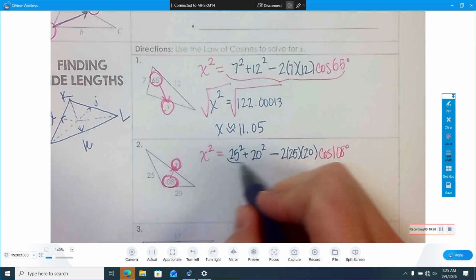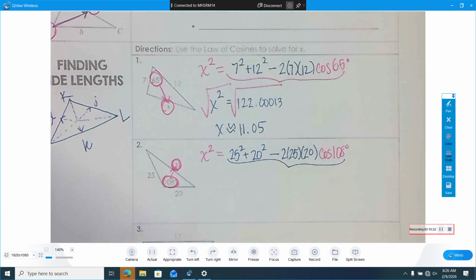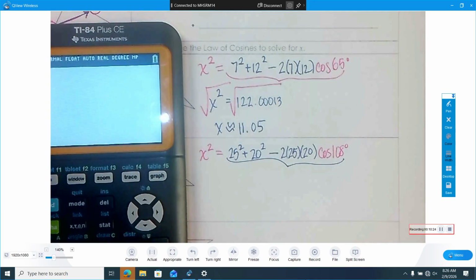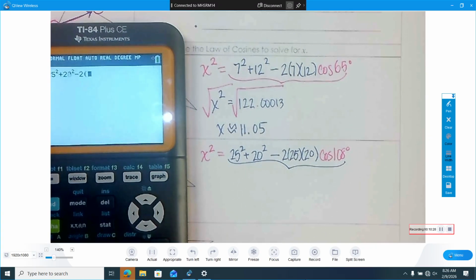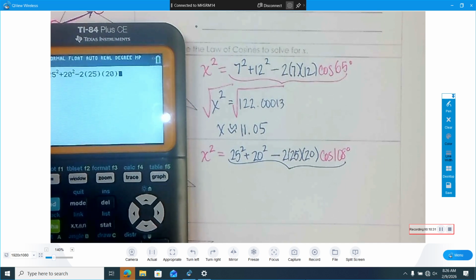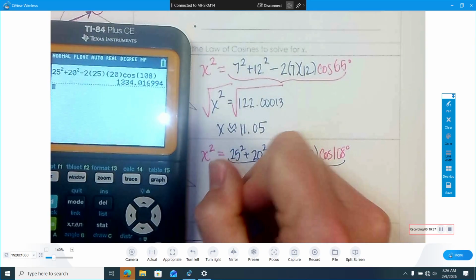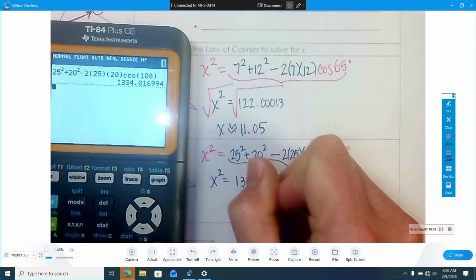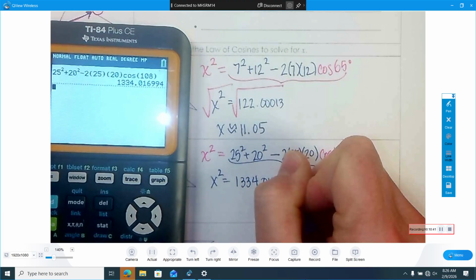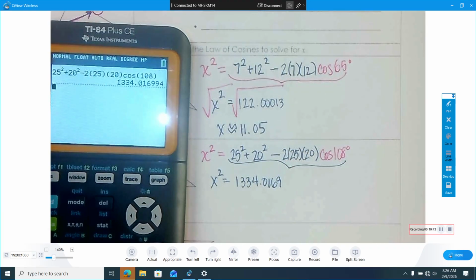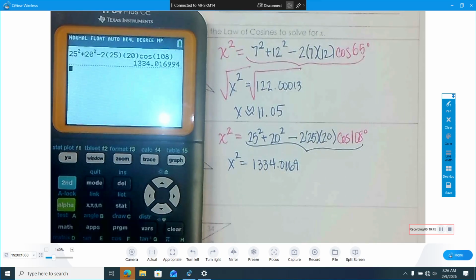We're going to put that entire right-hand side in our calculator. 25 squared plus 20 squared minus 2 times 25 times 20 times the cosine of our 108 degrees. I get x squared equals 1334.0169. And then what do we need to do?